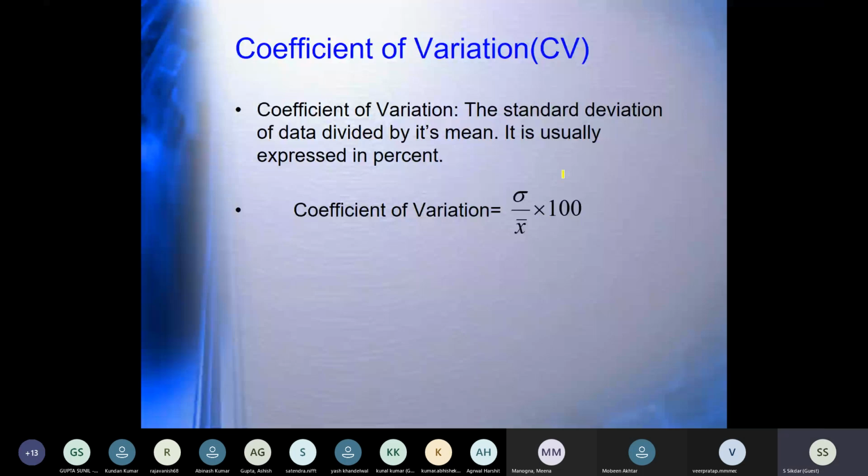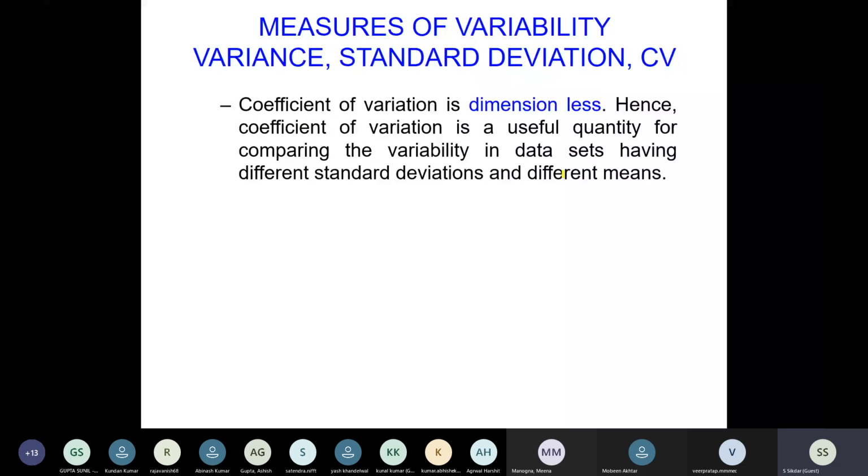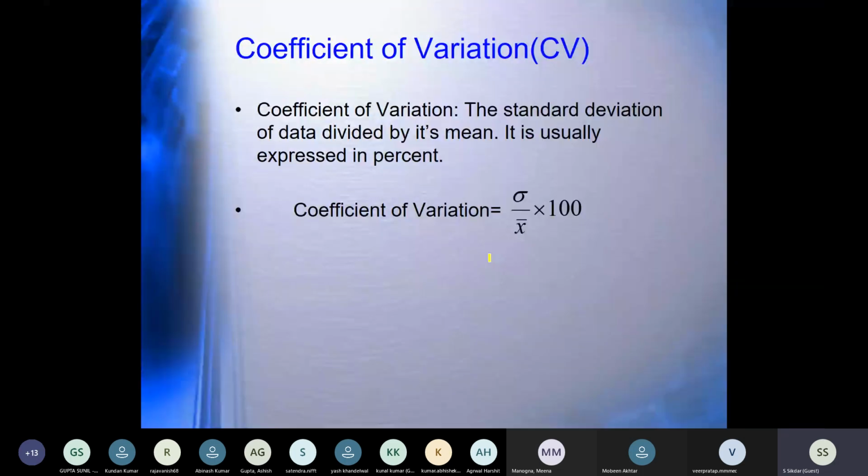As you can see, it is sigma divided by x bar. As I said, the standard deviation will have the unit of the length or whatever the original data is, and this is the data mean. So this ratio is always dimensionless. So coefficient of variation ends up being dimensionless data.